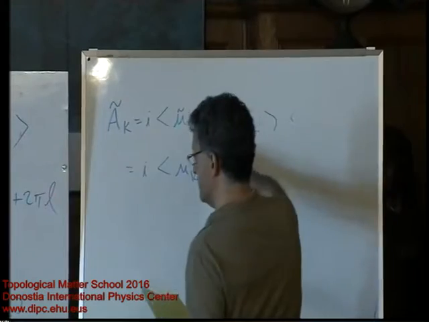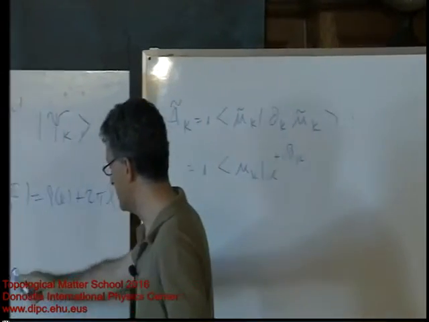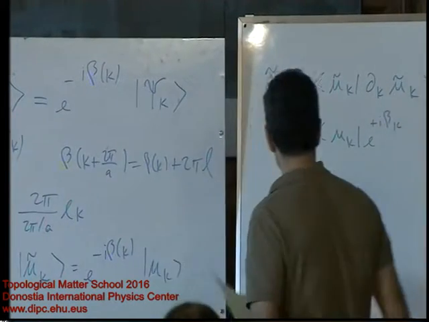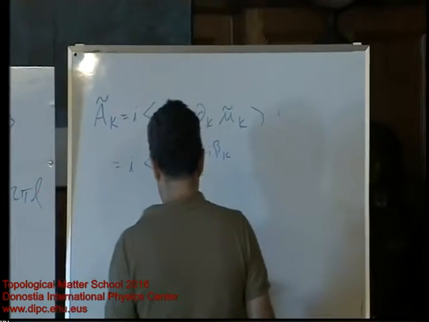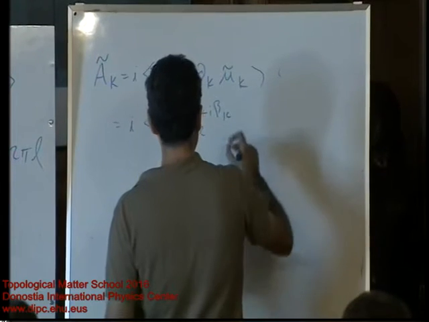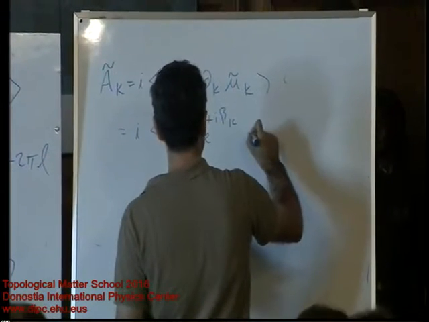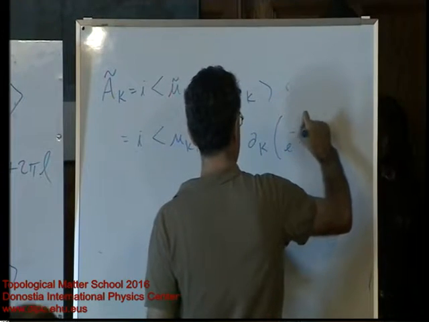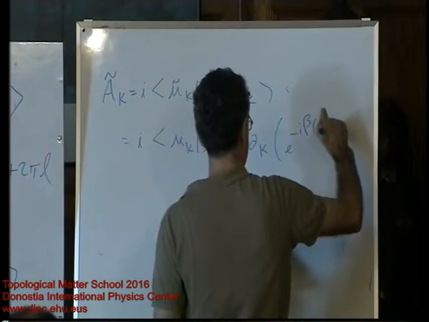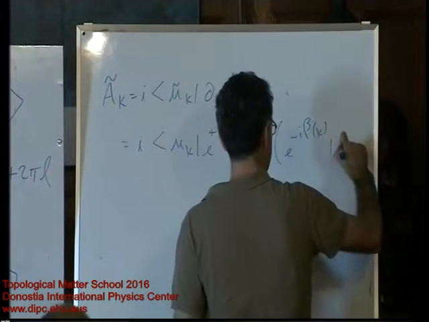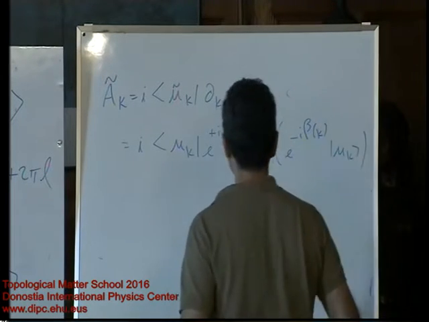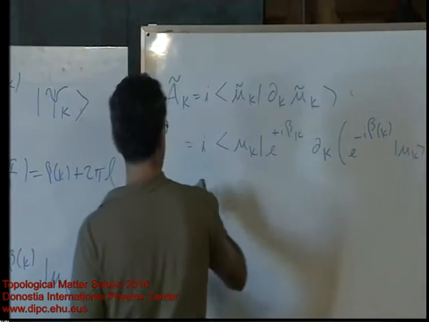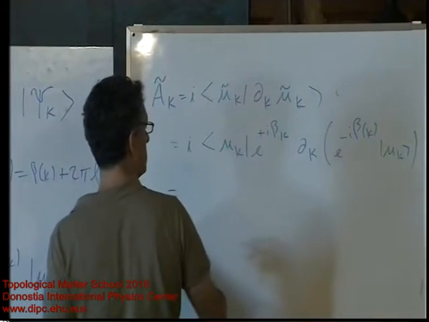Now the derivative, importantly, acts both on the phase factor and on the function because the gauge transformation is k dependent. So you're going to get two terms out of that, okay? Let me go maybe a little bit quickly. I think it's fairly obvious.